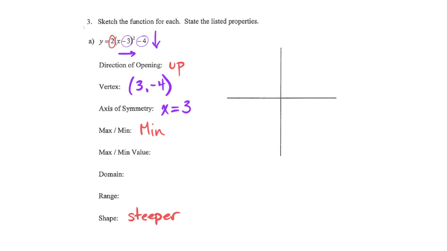Okay, now that I know my vertex, that it's at 3, negative 4, I know my max or min value. I already know that I have a minimum because of my direction of opening. But now I actually know the value. My parabola will never go below negative 4.